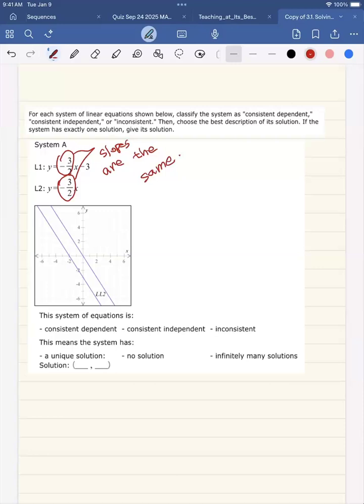But they don't pass any common point because their y-intercepts are different. So we have to say that those are inconsistent. And in this case, they never meet, so there is no solution.